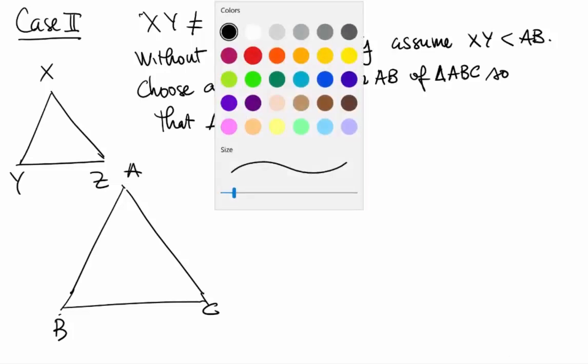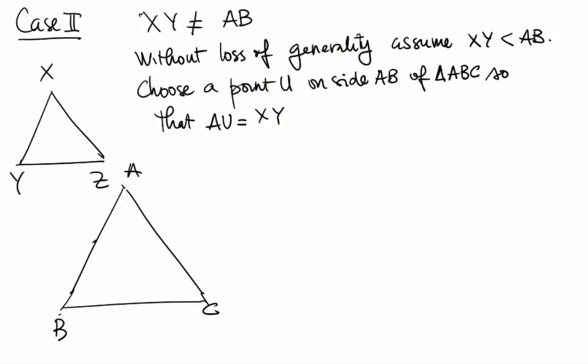So I'll choose a point here, U, on AB, so that if you measure the distance XY, it will be equal to the measurement of the segment line AU.